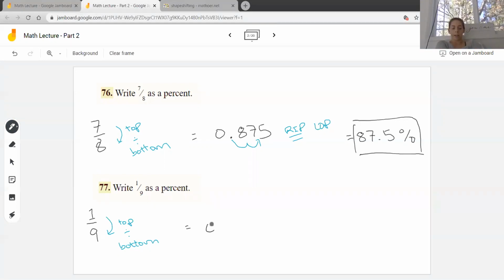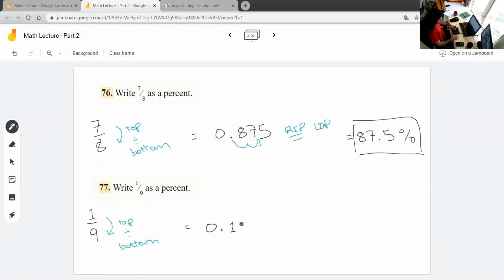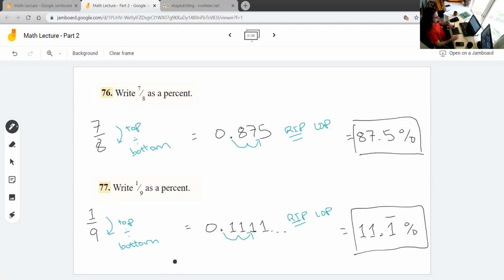Point one repeated. Yeah, 0.1111111 wherever. So again, I do riplop. Right, because we're going into percent. And those ones just keep going. So I put a bar over it. Happier now?